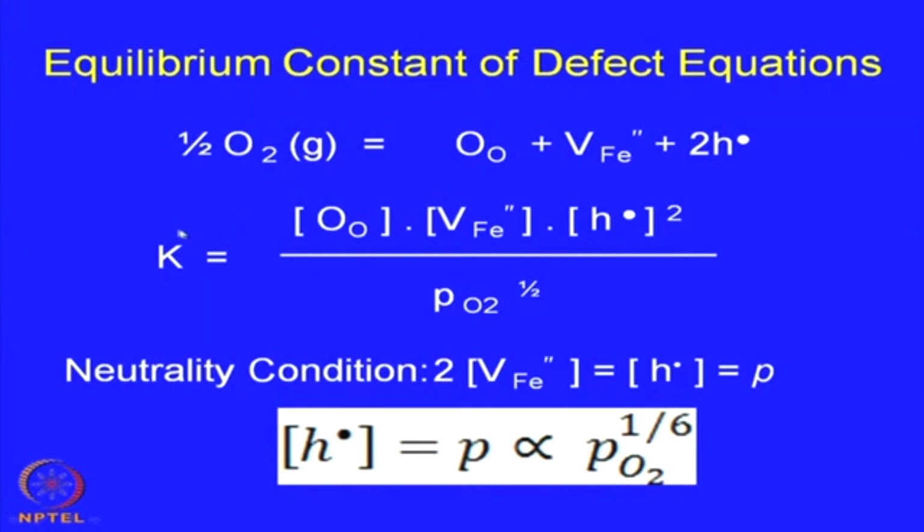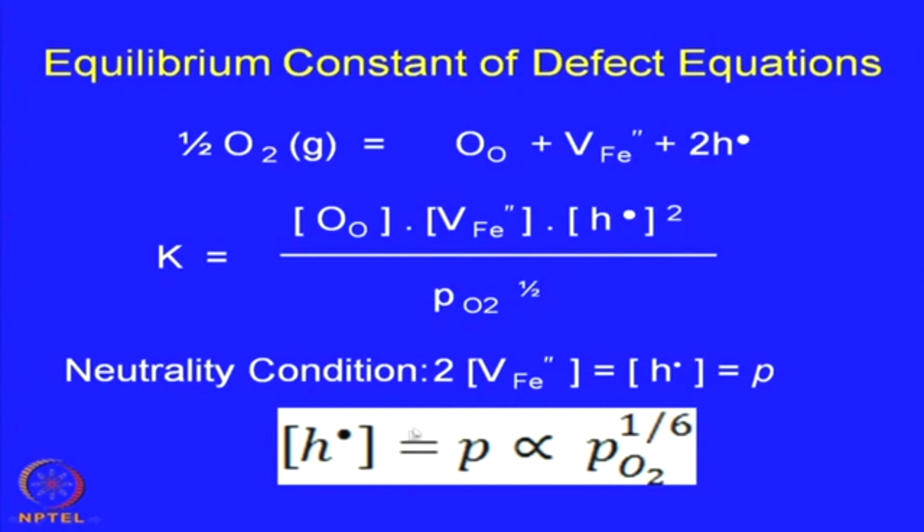So, it is actually partial pressure, concentration here can be converted to partial pressure because it is in the gas form. So, PO2 to the power 1 half. Okay. So, the equilibrium constant is the product of the concentrations of the products to the reactants, right. And the neutrality condition here is that from this equation itself you will find for each iron vacancy you are generating 2 holes. So, the concentration of holes is double this, okay, that is what is written. The concentration of the holes is twice that of this.